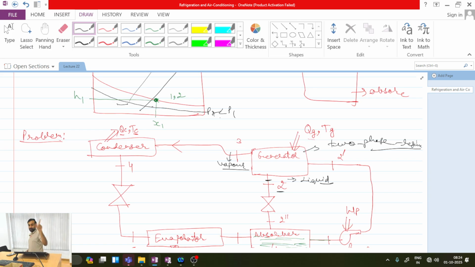Vapor at the top points to the saturated vapor state; liquid at the bottom points to the saturated liquid state. So from the basic understanding of the phenomenon and the process, state 2 will be my saturated liquid state and state 3 will be my saturated vapor state. Anyone is having any doubt about this? This information you have to infer from the basic understanding of the process. Is this point clear? All are agreeing to this point?